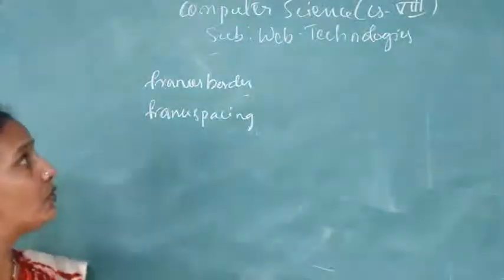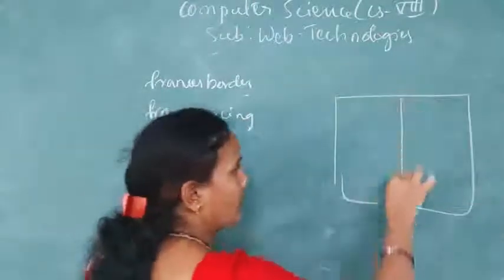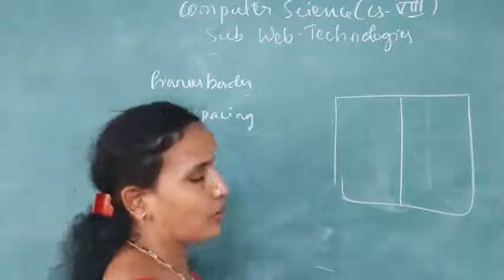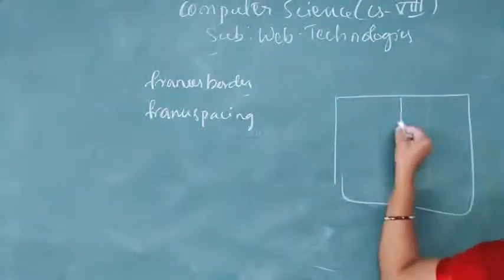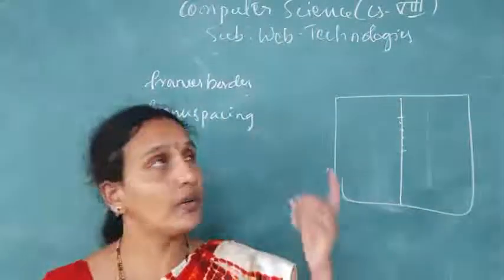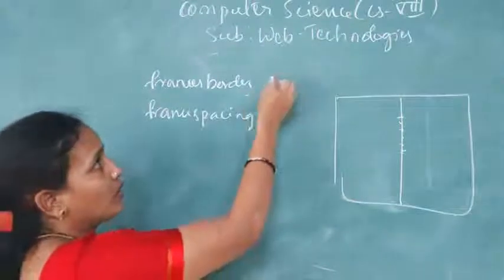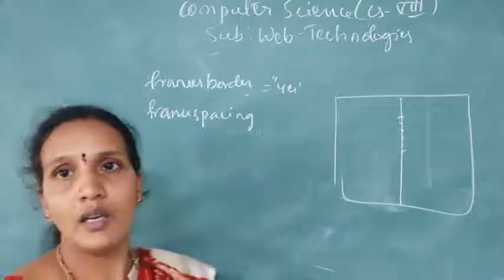What is the use of the frameborder? See the example. This is a browser window. We are dividing it into, for example, 2 vertical frames. By default, the border size equals 0. But when you want to make borders visible, you can use frameborder. Frameborder equals, for example, yes. Then borders will be visible to the user.